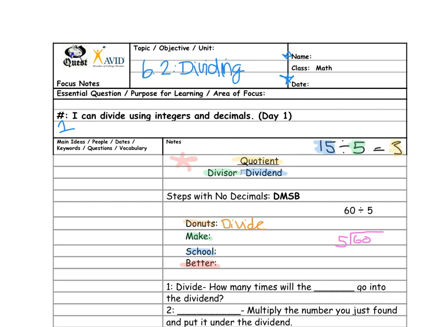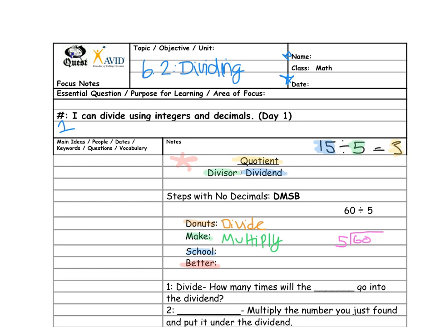So first we look at the first digit and we think, how can we divide 6 by 5? How can we divide our dividend by the divisor? Well, 6 divided by 5, you're going to get kind of a decimal, but I know 5 divided by 5 is 1. So that's where we're going to think about multiplying.